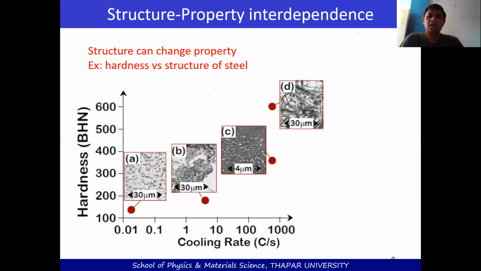When the cooling rate is high, like say 1000 degrees centigrade per second, you end up with image D, right? 1000 degrees corresponds to a point that has image D, and image D corresponds to a very high hardness. That means if your cooling rate is high, then your hardness is high. And why is it happening? It is happening because your internal structure gets changed. How the internal structure changes, I will talk about at a later stage. We will study those things in detail at a later stage.